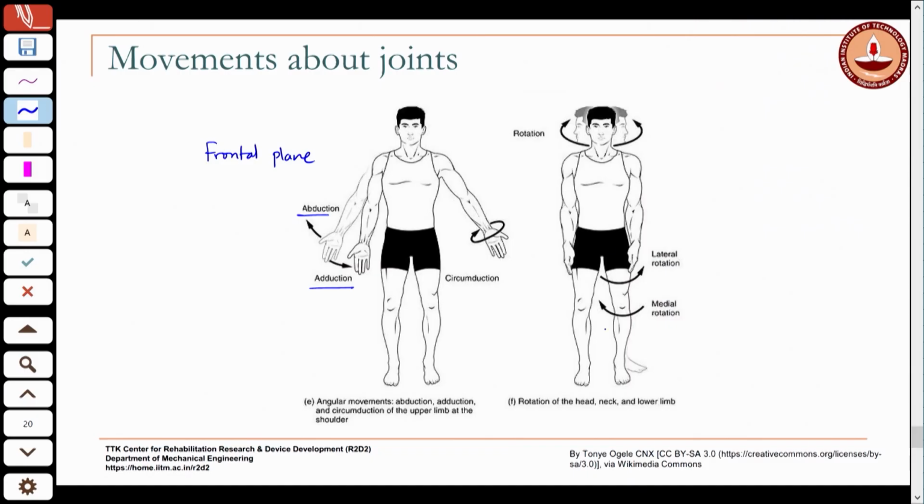Then longitudinal rotation is typically left for the limbs, it is referred to as medial or inward rotation, lateral or outward rotation. So, if I look at my arm, inward rotation, outward rotation.